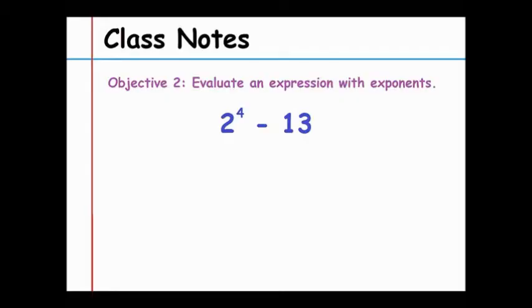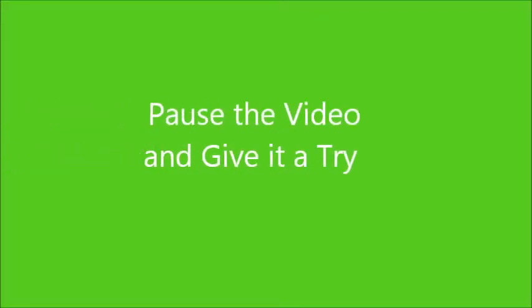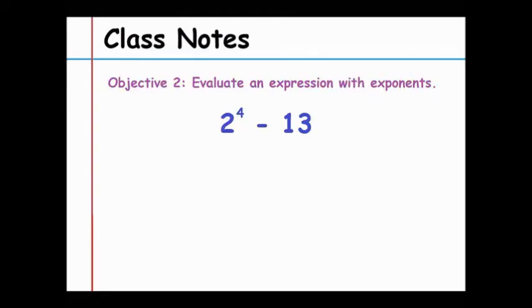With that in mind, let's try 2 to the 4th power minus 13. I know you can do it. Using the order of operations, you should have solved 2 to the 4th power first to get 16, and then subtracted 13, which gives you 3.